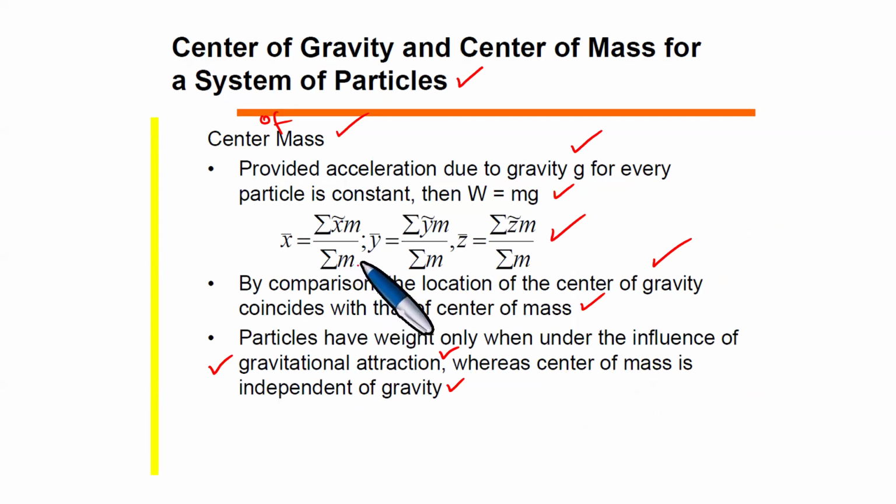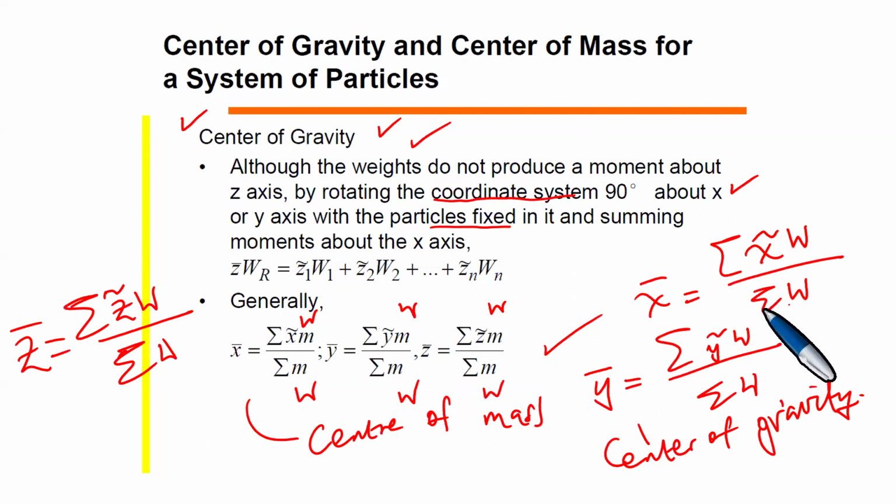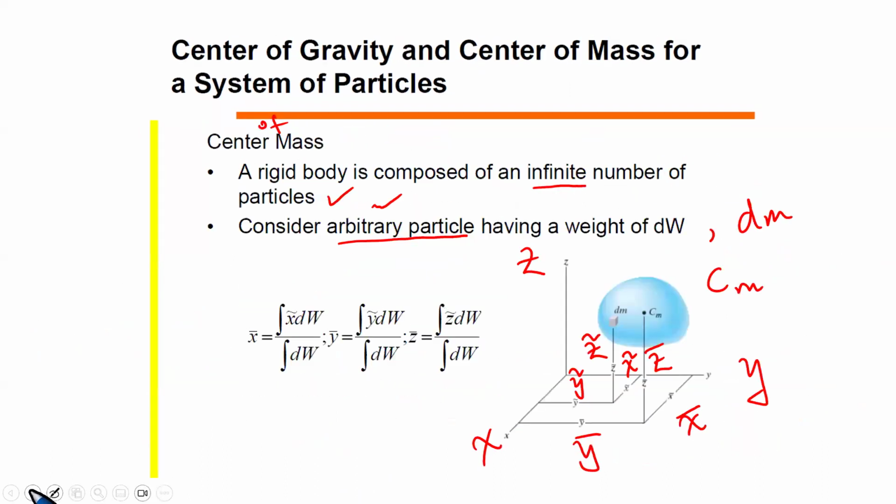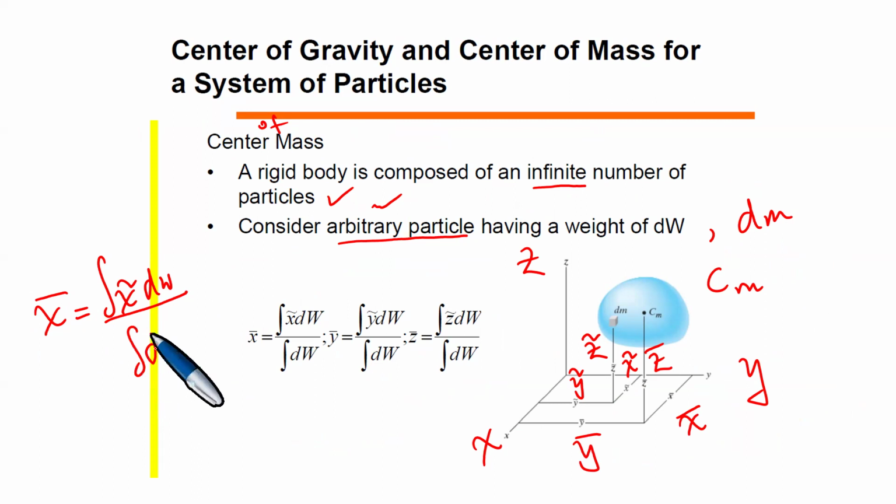Instead of saying the sum of all the W's, we say the integral of dW and the integral of x tilde dW. So what is x bar? It is the integral of x tilde dW divided by the integral of dW.